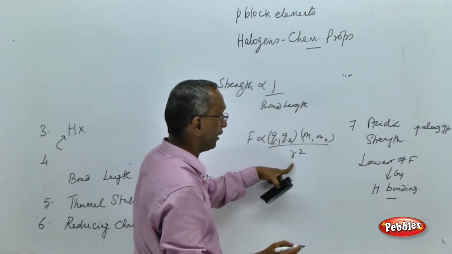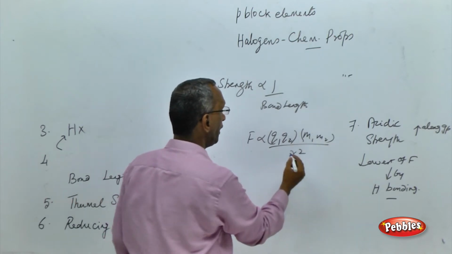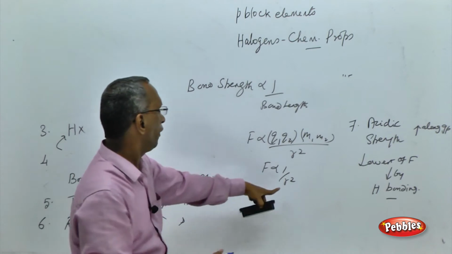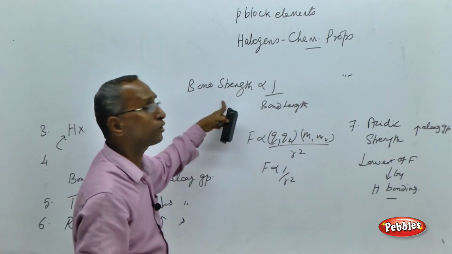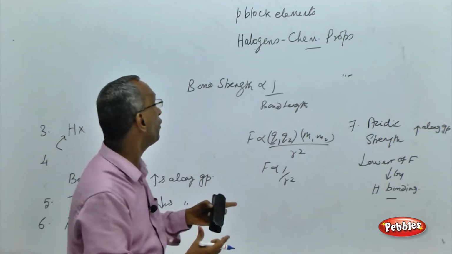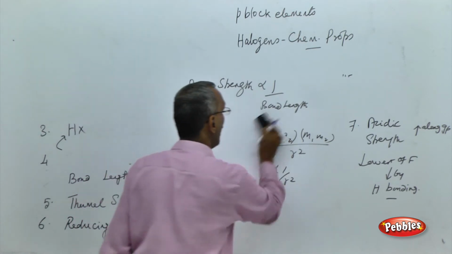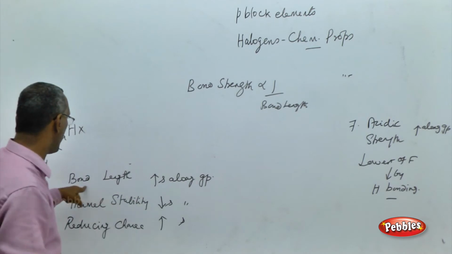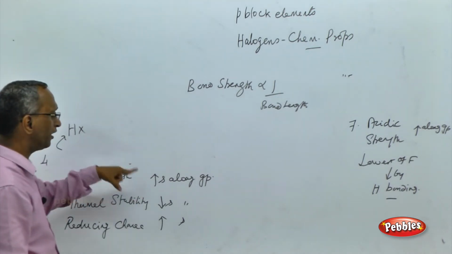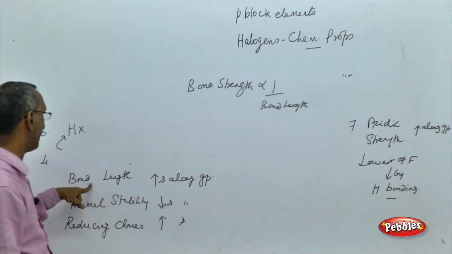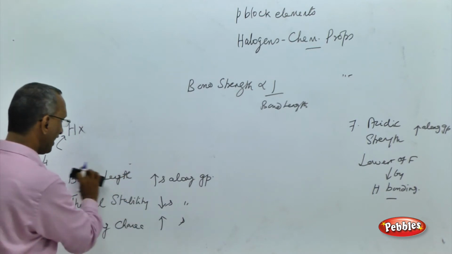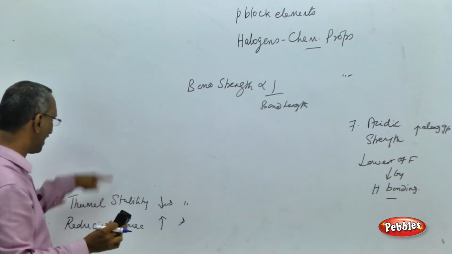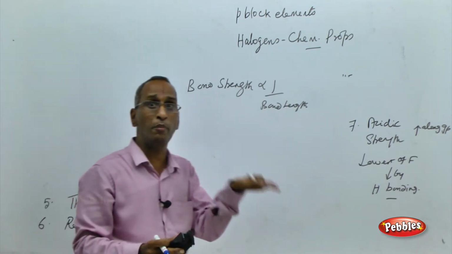Length is nothing but distance. So if the distance is increased, force is decreased. If the distance is decreased, force is increased. That is why bond strength and bond length are inversely proportional. So it follows the opposite trend. Bond strength decreases along the group, which means bond length increases along the group. So they are interconnected.